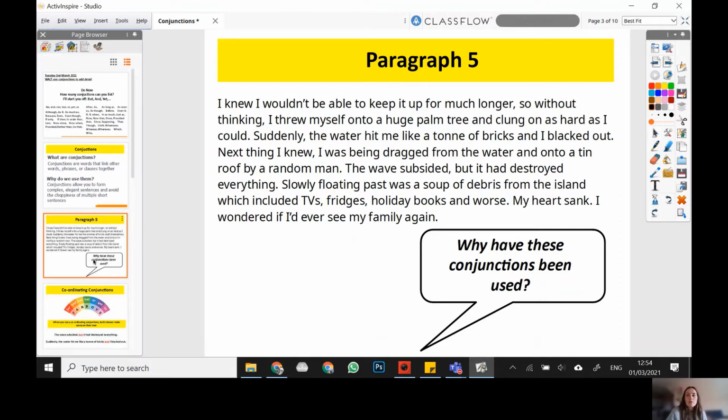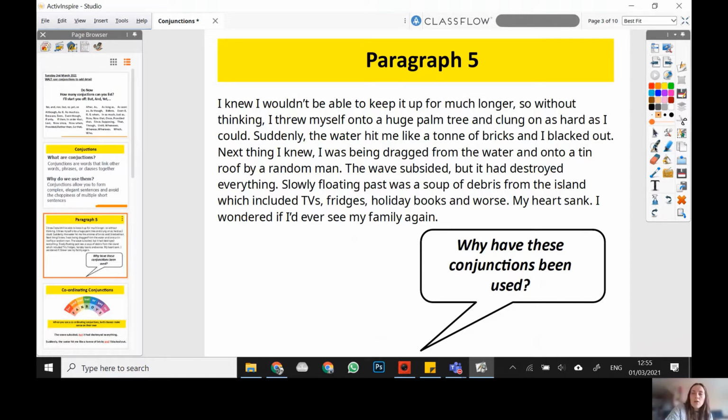Next thing I knew, I was being dragged from the water and onto a tin roof by a random man. The waves subsided, but it had destroyed everything. Slowly floating past was a soup of debris from the island, which included TVs, fridges, holiday books, and worse. My heart sank. I wondered if I would ever see my family again.